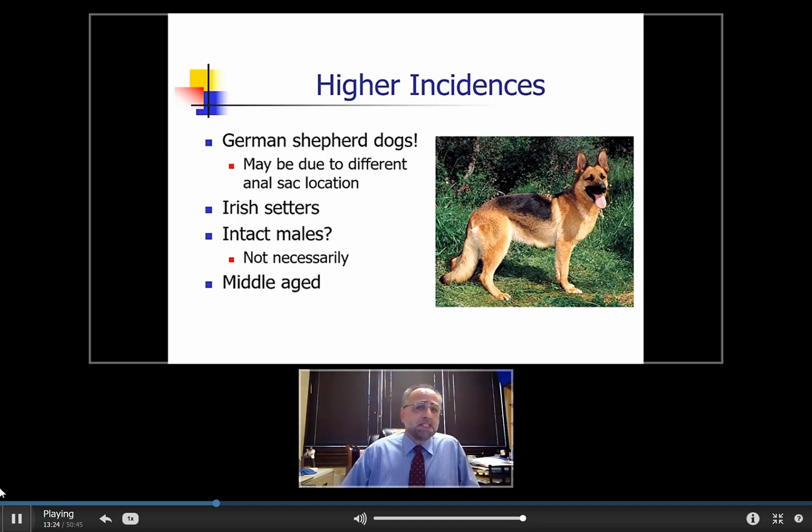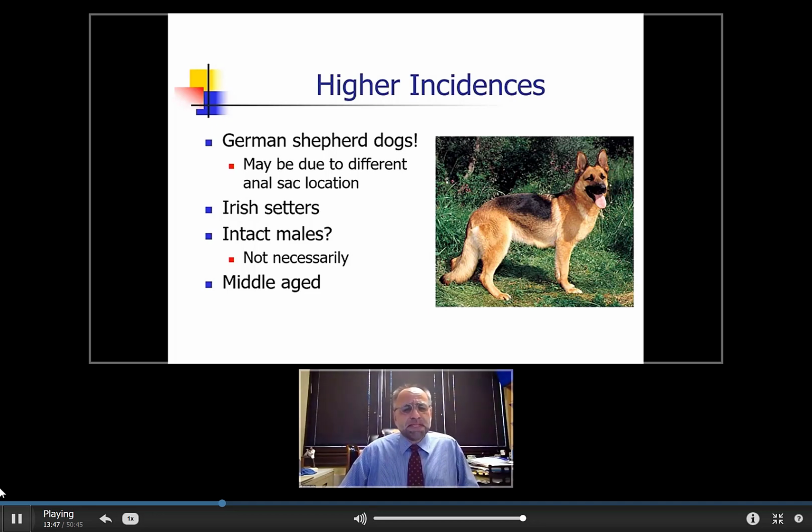And as I mentioned earlier, with German Shepherds, their anal sacs are located in a different location a little bit deeper than other breeds, so it may be that they're developing fistulae secondary to anal sacculitis or infections of the anal sac that turn into this. It's also reported commonly in Irish setters.